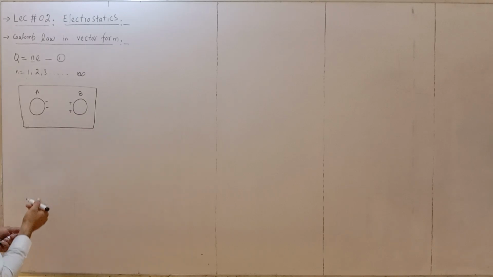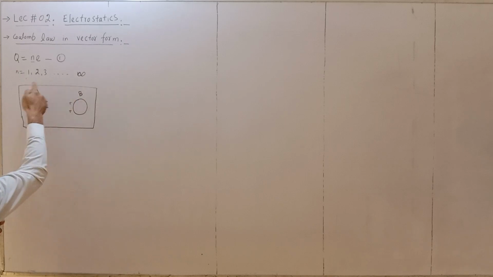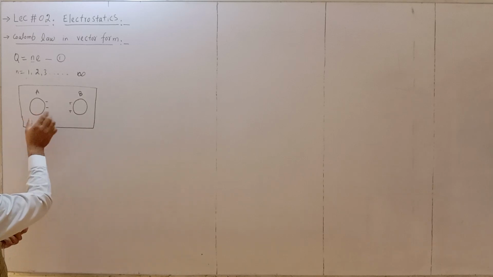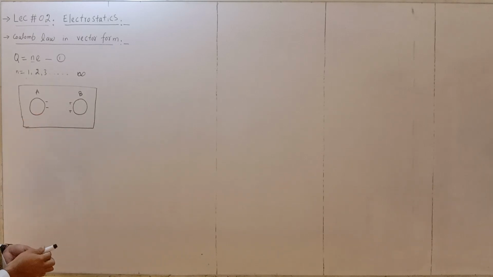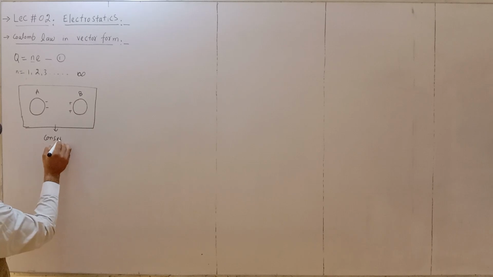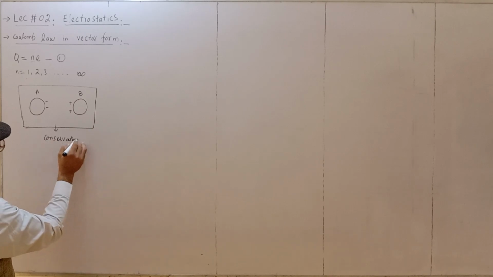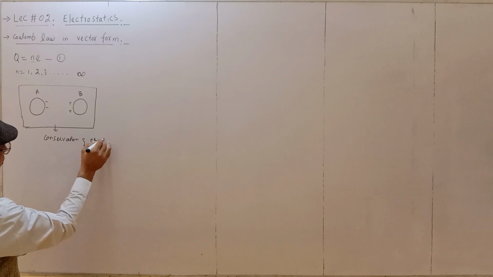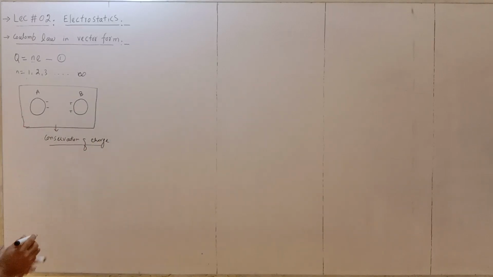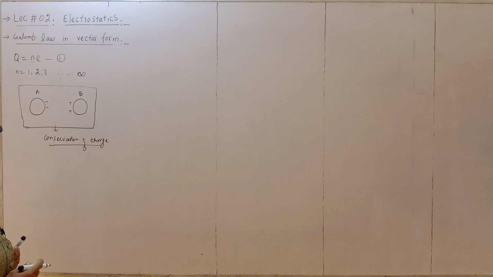But when I look at a macroscopic level, meaning from the external view, I observe that the system is totally neutral, and this is called conservation of charge.